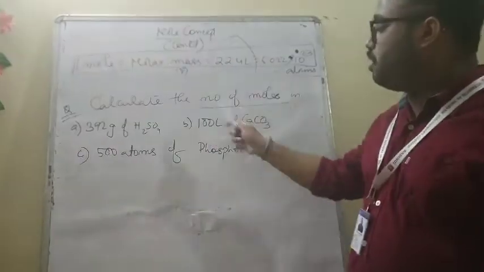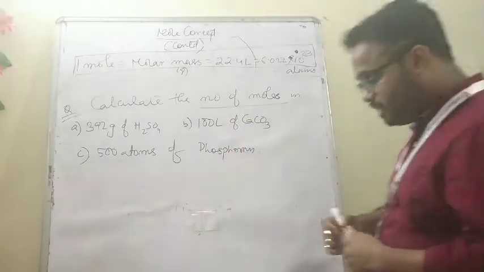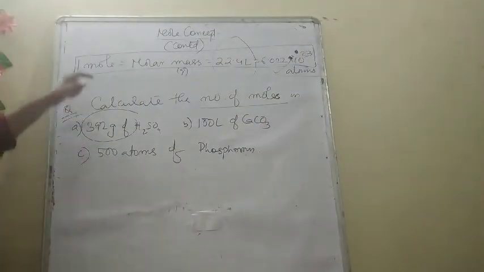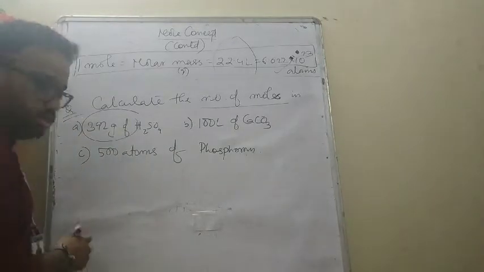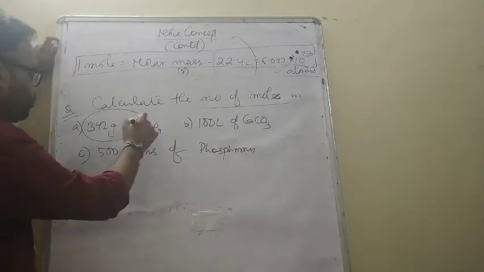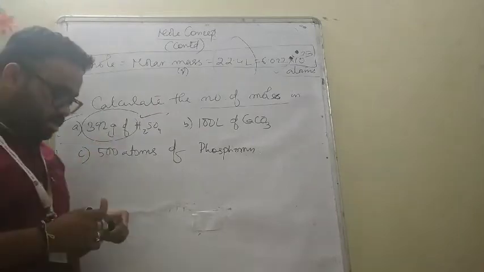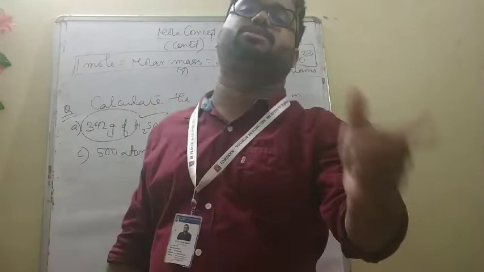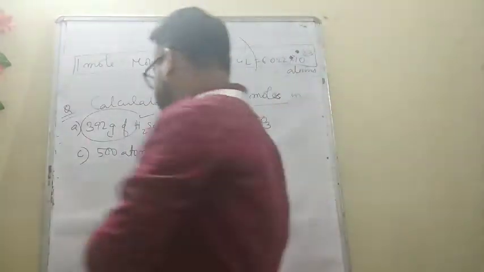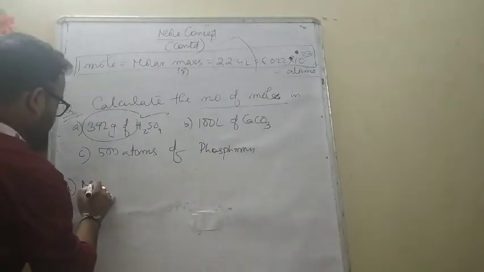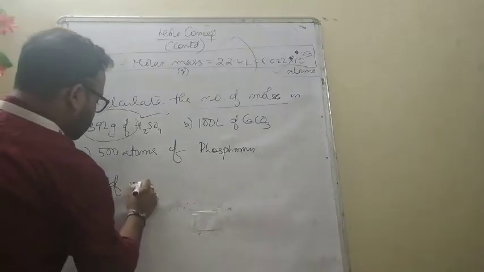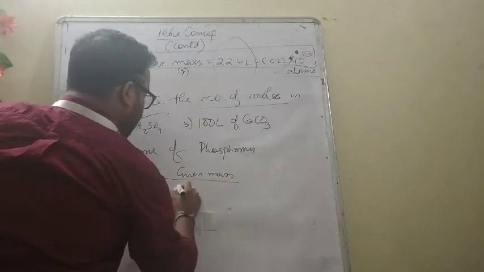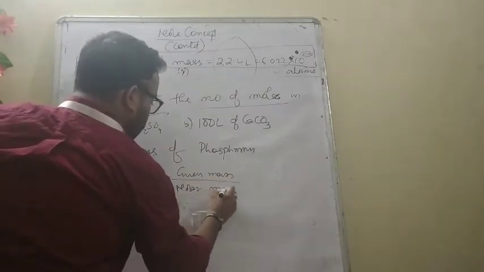तो ये 3 में तुम लोग क्या क्या लगाएगा? Which formula will apply? Now see. इसमें क्या दिया हुआ है वो देखो. They have given you mass or not. So which means in this question you will apply number of moles equal to given mass by molar mass.